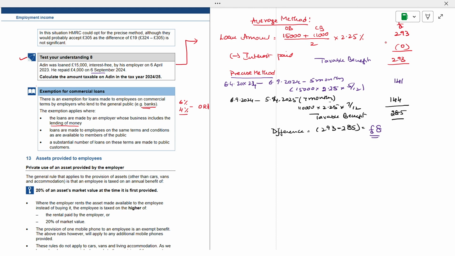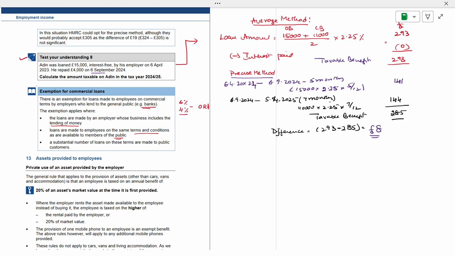Loans are made to the employees on the same terms and conditions. As it is going to the public, you have to give that on the same terms and conditions to the employees. A substantial number of loans on these terms are made to the public. Made to the public customers means the public should be the majority. You should not focus only on employees.